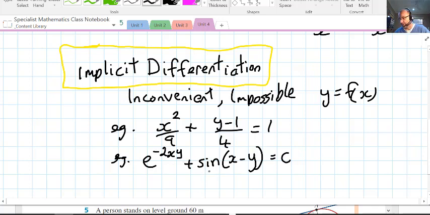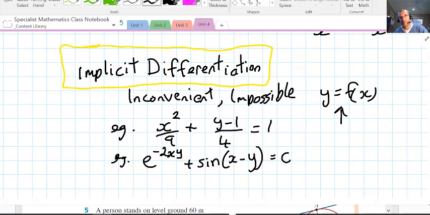And basically, those are very difficult or impossible to write in terms of y equals f of x. It either takes a huge amount of time and energy, making it not feasible to do, or it's just not possible to express y in terms of x.